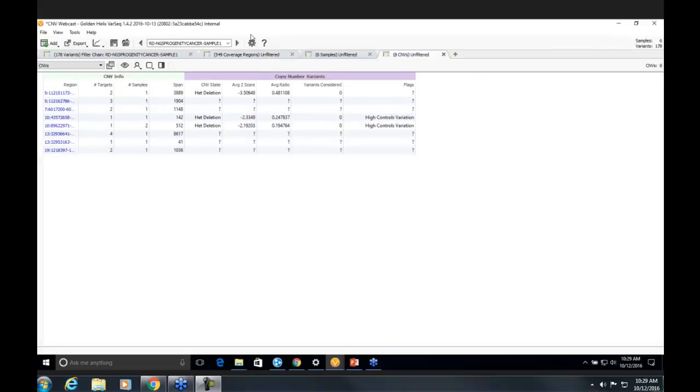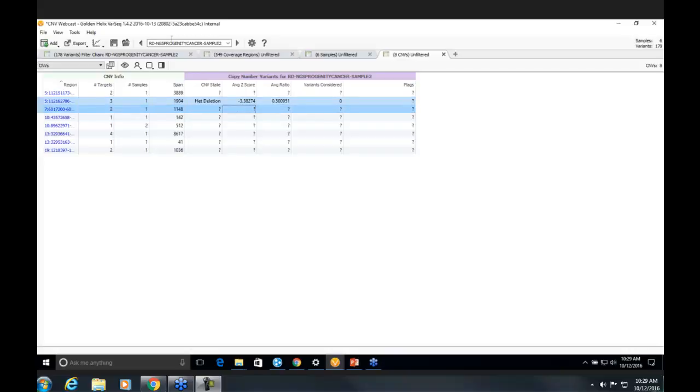So let's go ahead and look at some of these CNVs that have been called. So here we have sample number 2, and we'll see that a heterozygous deletion has been called for sample number 2. Well, we can go ahead and actually plot information about these CNVs and look at them in Genome Browse to get a better view of if these are in fact real CNV calls and what they look like in context.